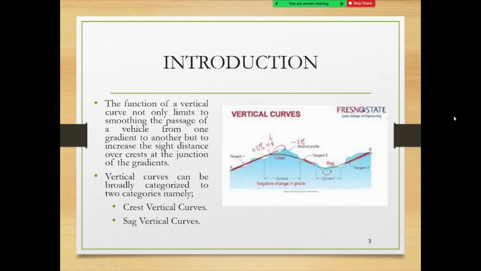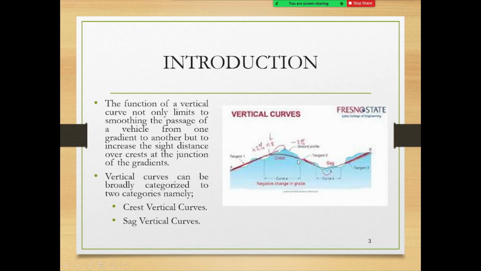Now you can see the function of a vertical curve is not only limited to smoothing the passage of a vehicle from one gradient to another, but also to increase the sight distance, right? Here is one grade, another grade here, and you have a vertical curve.